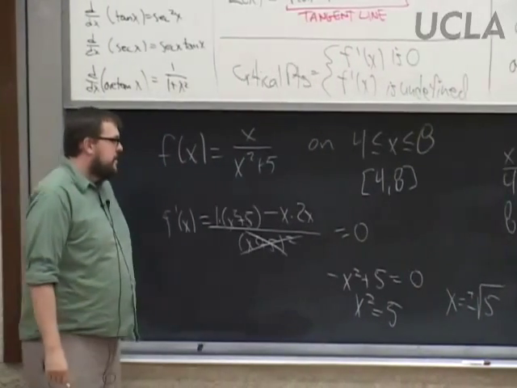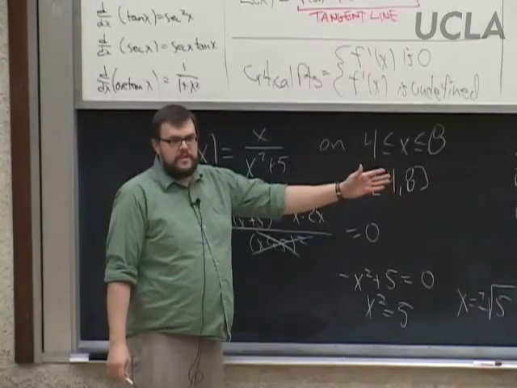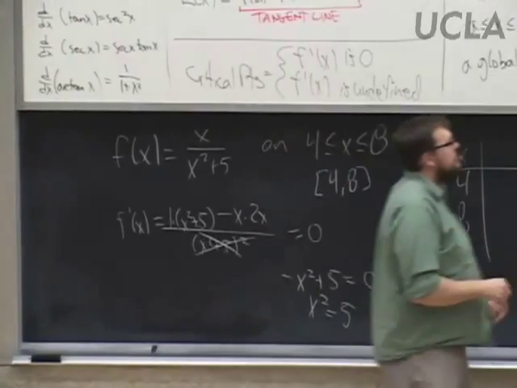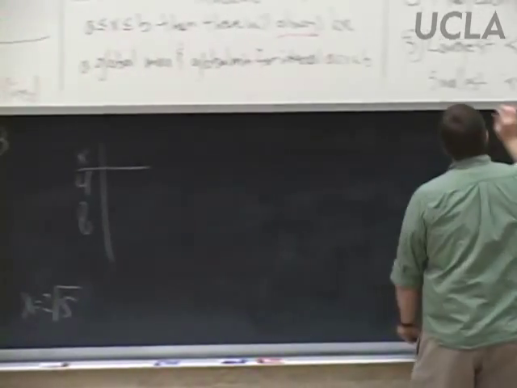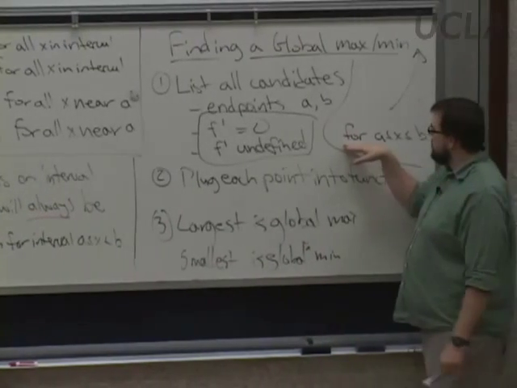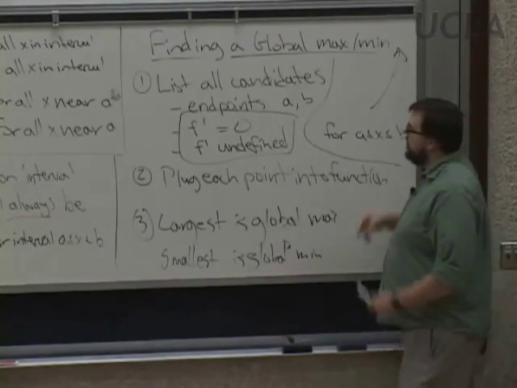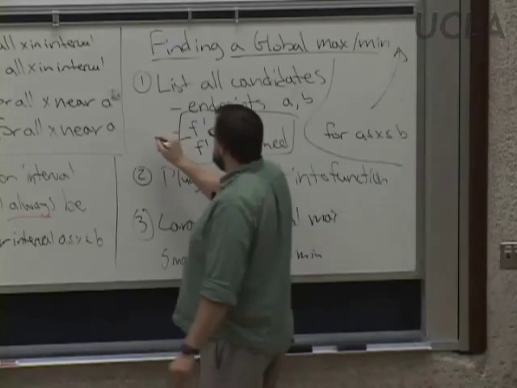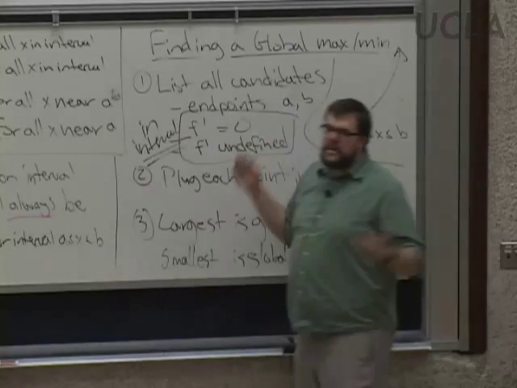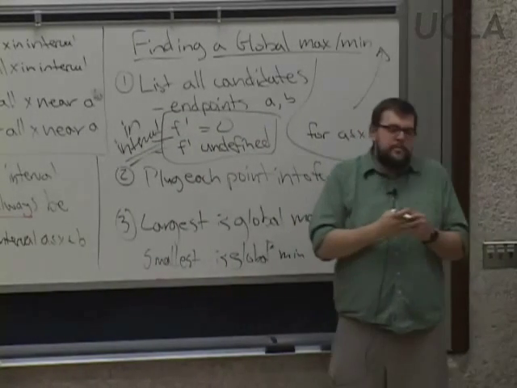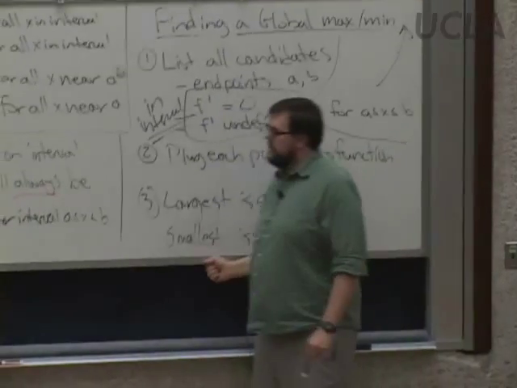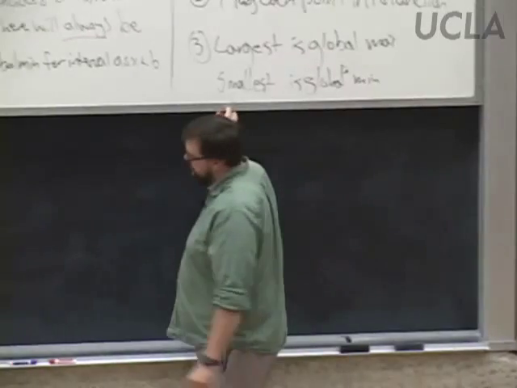Now, do we add those to our list? No, and I didn't point this out last time, so let me point it out now. Because where are we trying to maximize our function? We're finding the global maximum over some interval. So I only want the critical points in the interval. If it's outside of the interval, to me, it doesn't exist as far as the problem is concerned. It's irrelevant that there's a critical point at negative root 5.